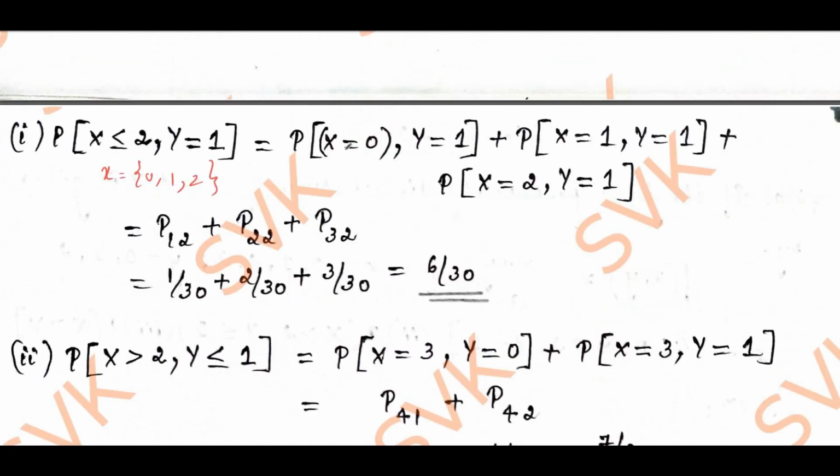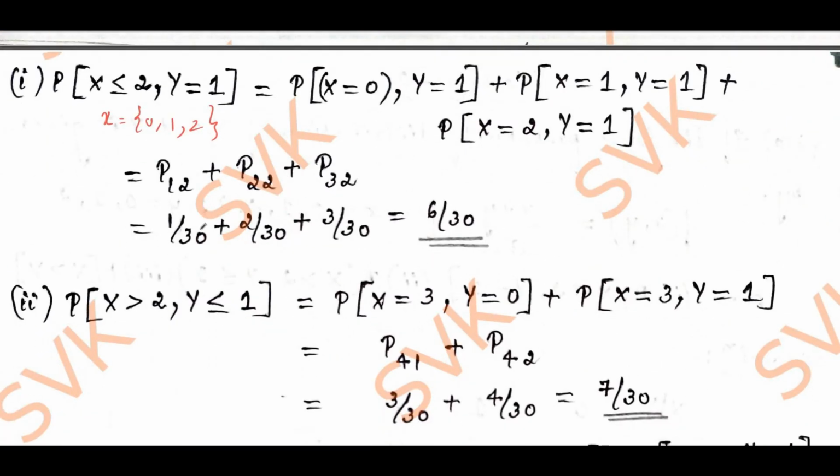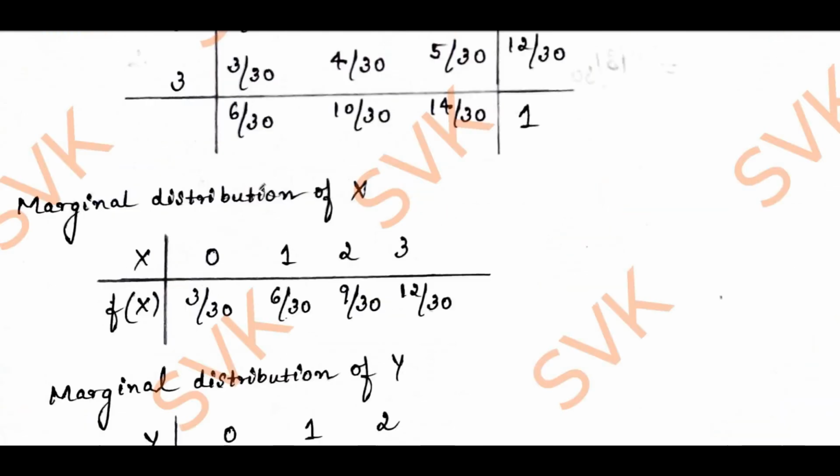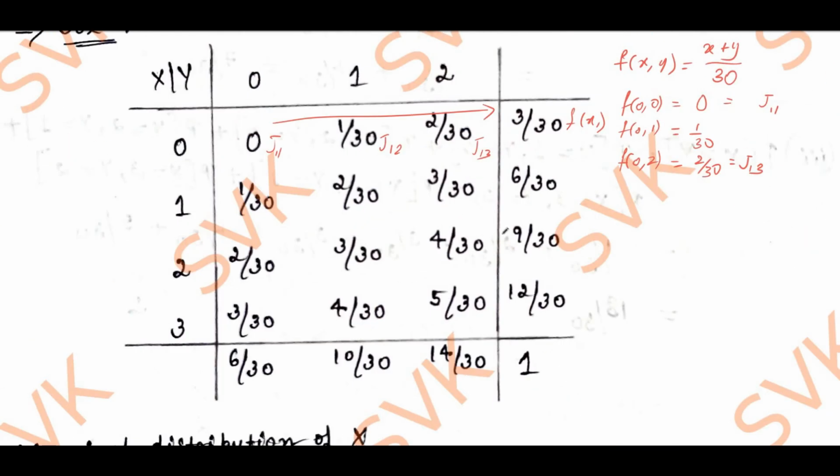Similarly, p22, which represents the value j22, is 2 by 30.